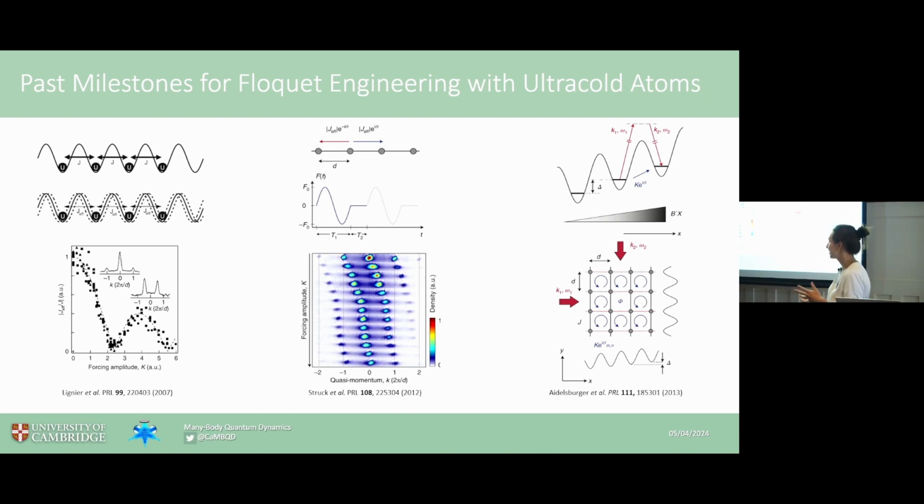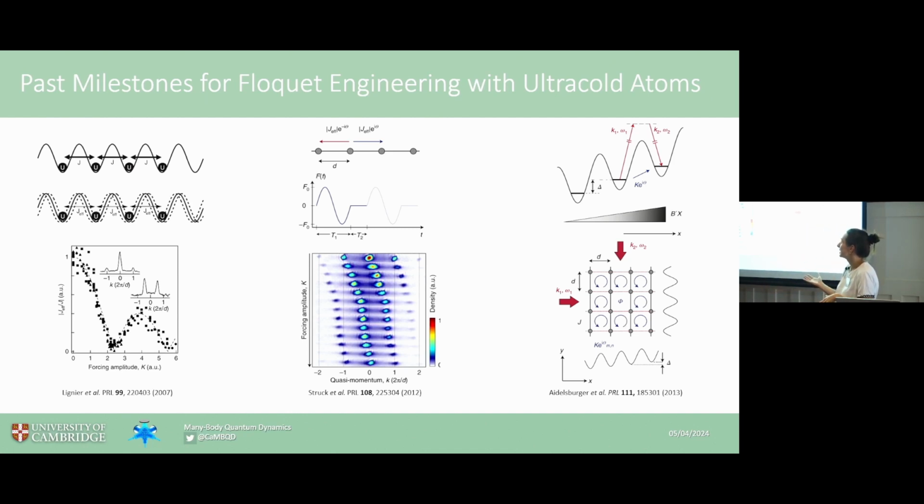So just to give some history, the first experiment along these lines was done in around 2007, where they drove a whole lattice and showed that when you drive a whole lattice, it renormalized the tunneling amplitudes in your engineered stroboscopic Hamiltonian to follow a Bessel function, where the argument of the Bessel function is the ratio between the drive and the frequency. And the idea that you generate zero tunneling at certain frequencies of the drive is this idea of dynamical localization. You can shake the system and make everything stationary.